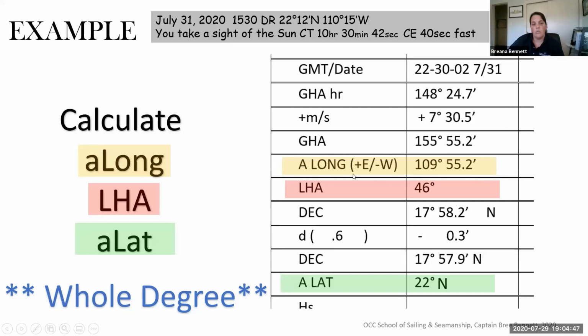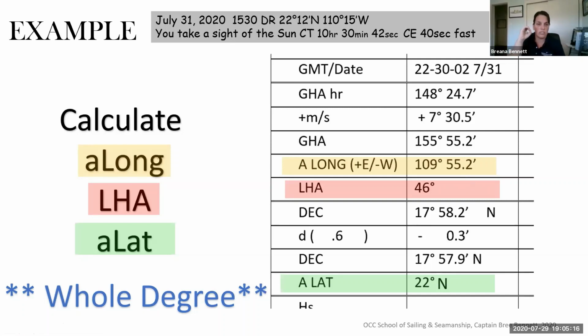Now, we're going to practice this in our homework, but if we are in the Eastern Hemisphere, we have to add whatever numbers will get us to a whole degree. So in this case, it would have been 4.8 degrees, 4.8 minutes. So whatever degrees, 4.8 minutes, so I can get to that whole degree.